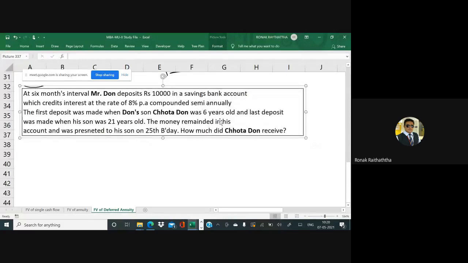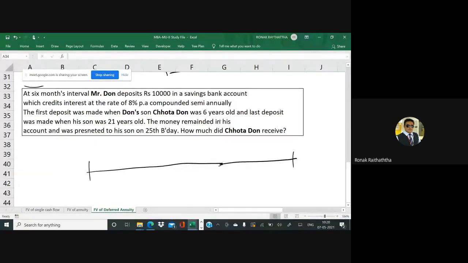Good. So my friend, this is how the timeline is looking. See, try to understand that. Here is Mr. Don. He wants to know what will be the future value at the 25th birthday of Chota Don. So at the end of the 25th year, here we want to get the value. Now, the investment is not starting today.